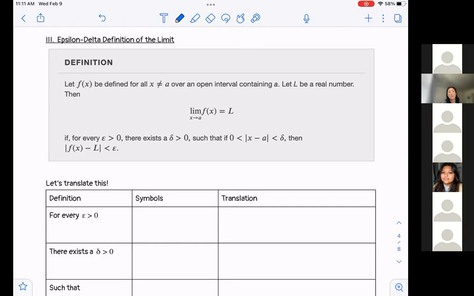If you start Googling epsilon delta, there is a rabbit hole of a lot of math that will pop up, which is fine, and you are welcome to try any of those that are more challenging.